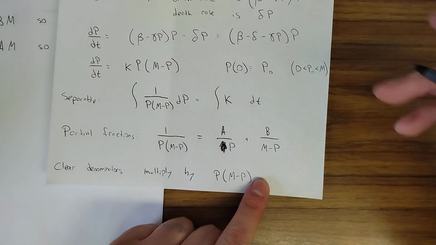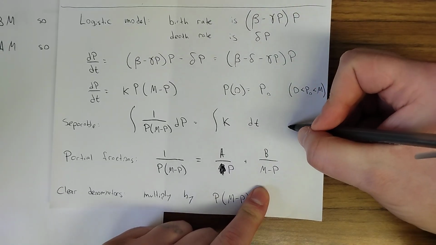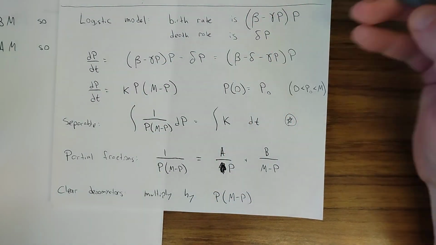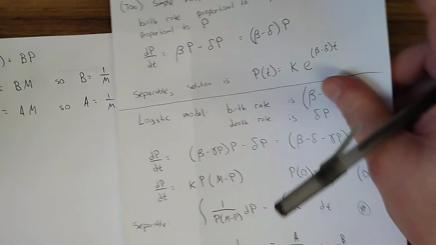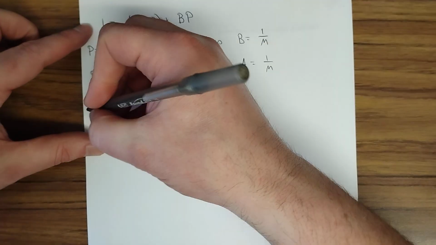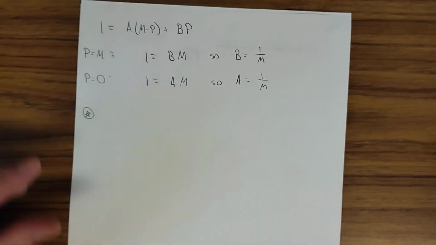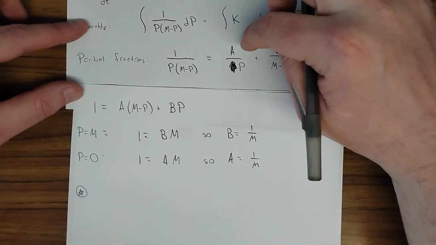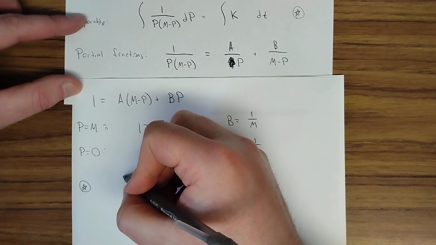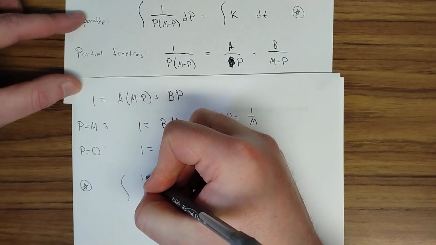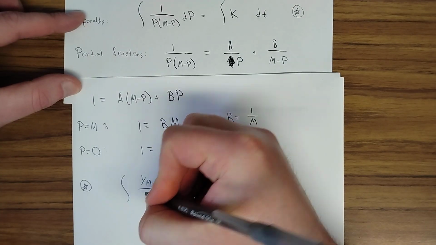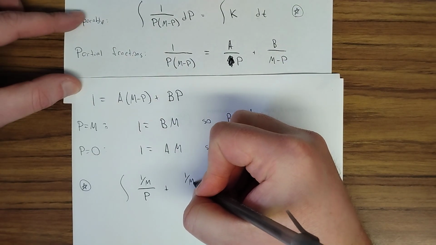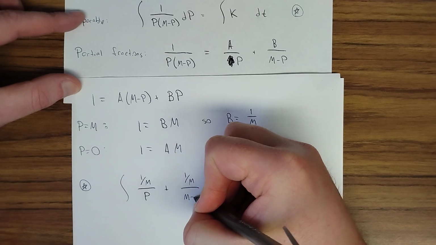So let's go back to, maybe I'll put a star here, let's go back to that equation. So star becomes a over p, where a is 1 over m, plus b over m minus p, and b was also 1 over m.